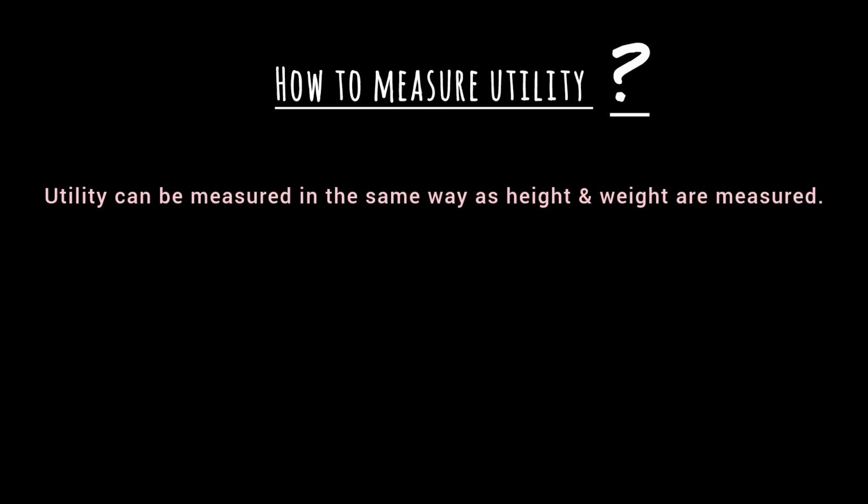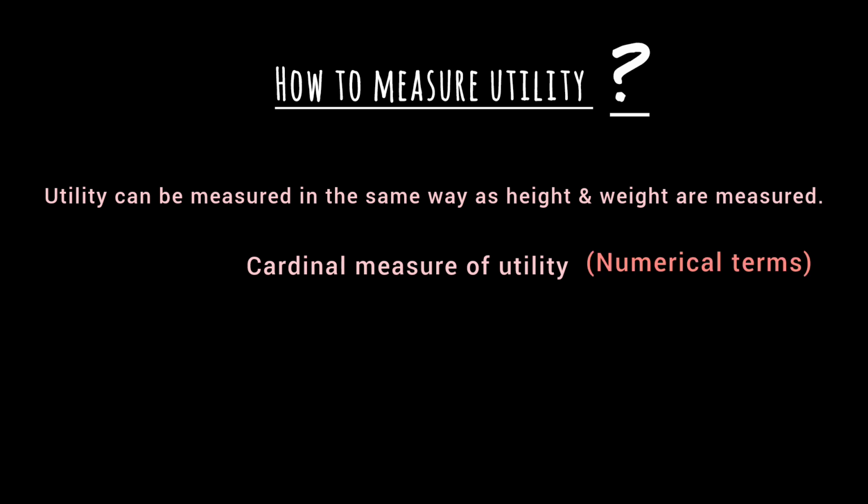According to some classical economists, utility can be measured as height and weight are measured. For this, economists assume that utility can be measured in cardinal, that is, numerical terms. Using that cardinal measure, it is possible to numerically estimate the utility a person derives from consumption of goods and services. But there was no standard unit for measuring utility, so economists derived an imaginary measure known as util.